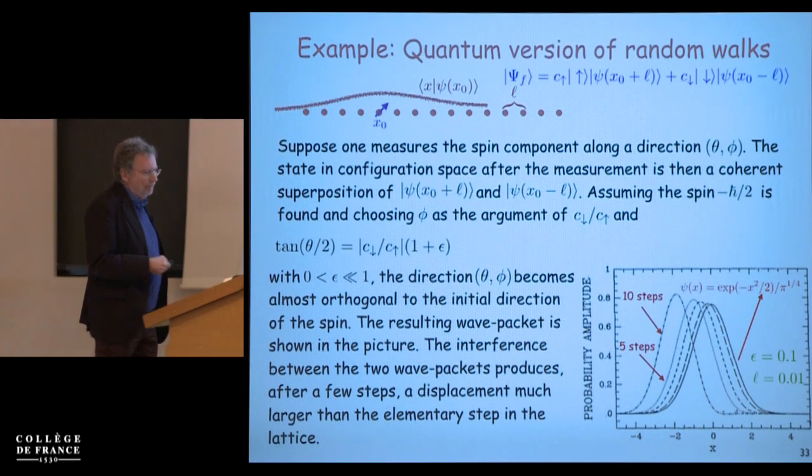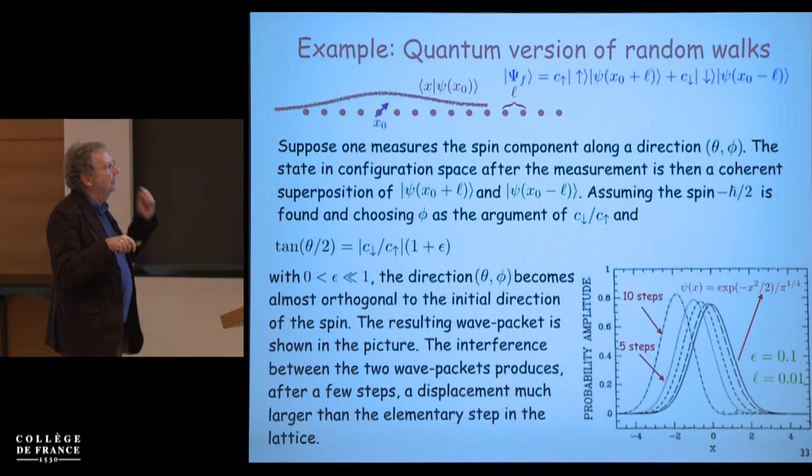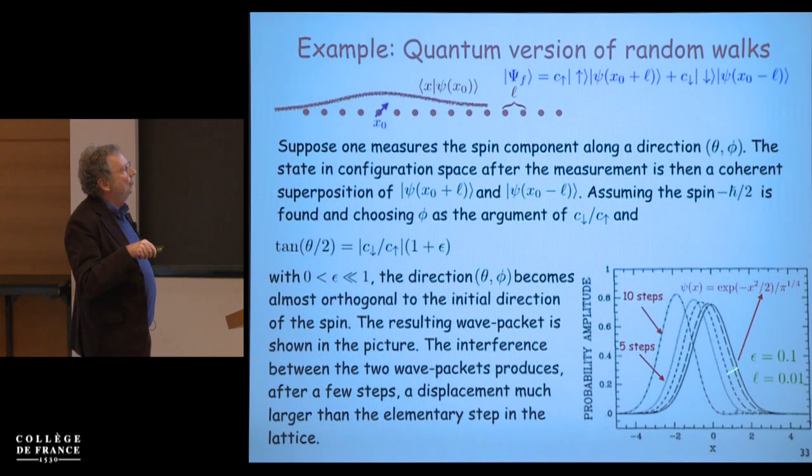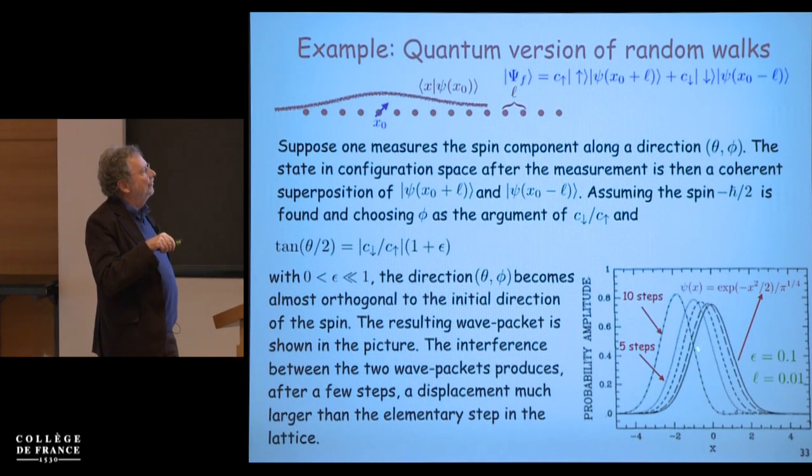Now, these are the numerical results for this wave packet. This is the initial wave packet. We take it as a Gaussian. It's the full line here. We take here epsilon equal to 0.1. And the elementary step is taken as 0.01. Look at the wave packet after 10 steps. You see that the peak of the wave packet is at -2.